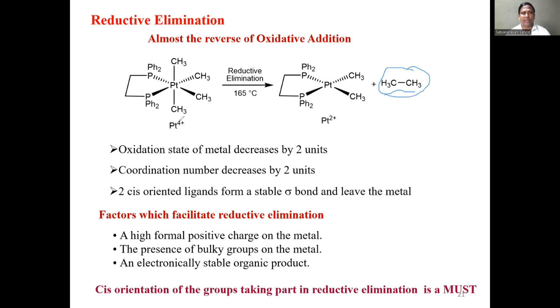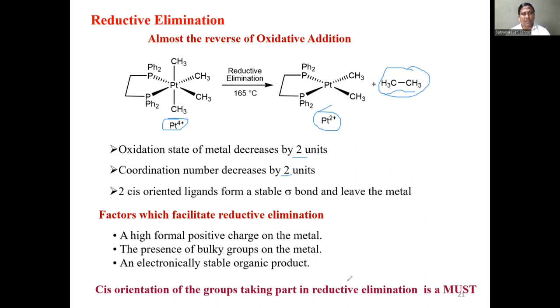Here the oxidation state of platinum is +4, and in the product it is +2. So we can see the oxidation state decreases by 2 units. The coordination number also decreases by 2 units, let us say from octahedral to square planar. So the two cis-oriented ligands form a stable sigma bond and they leave the metal.